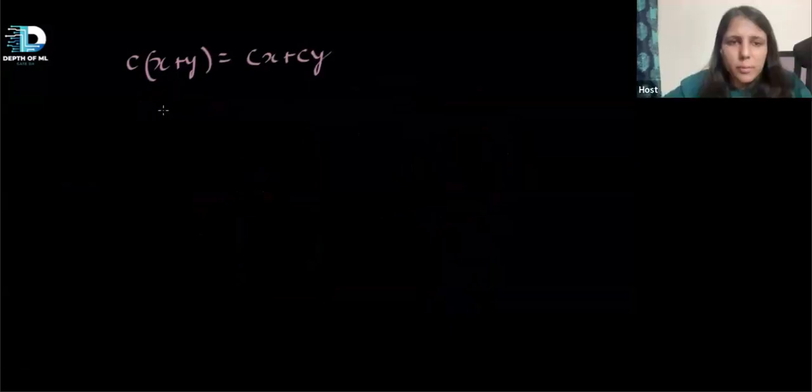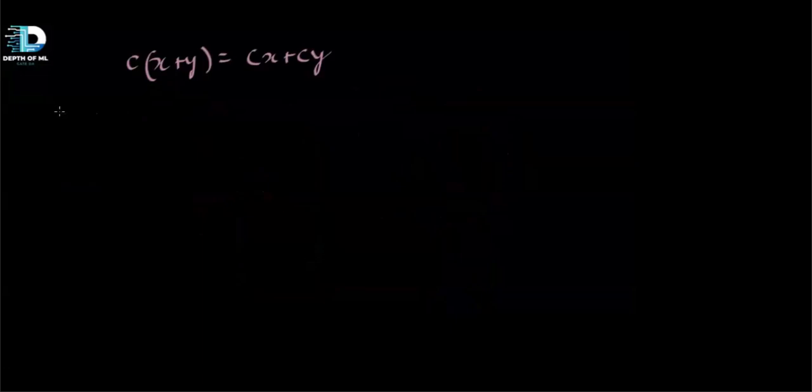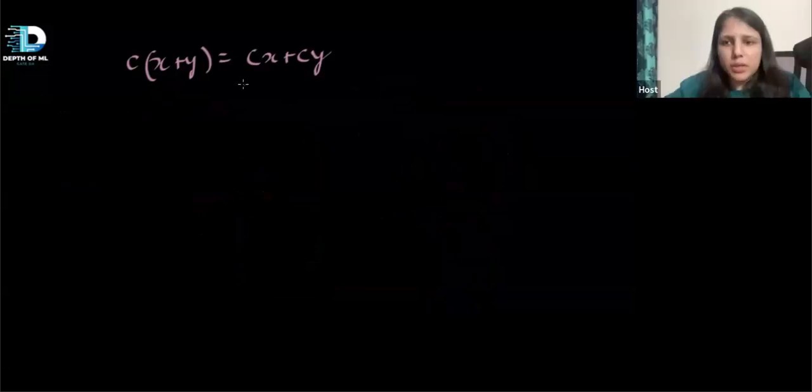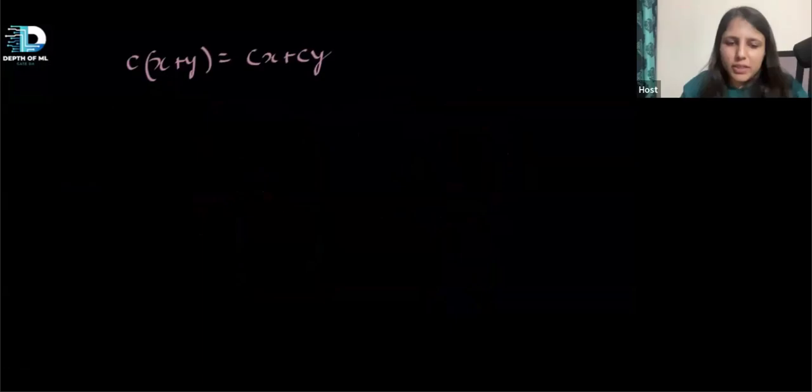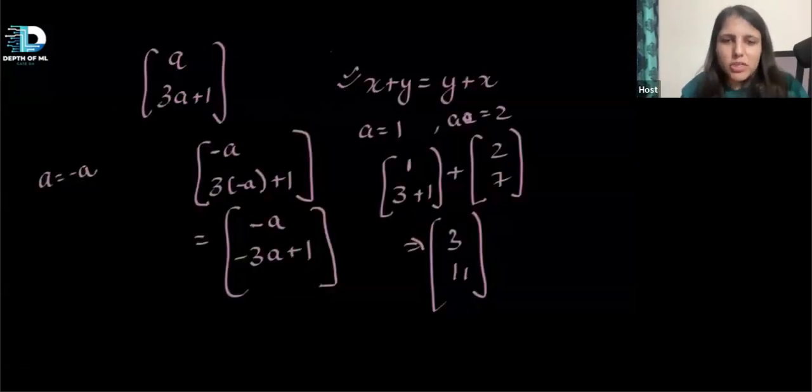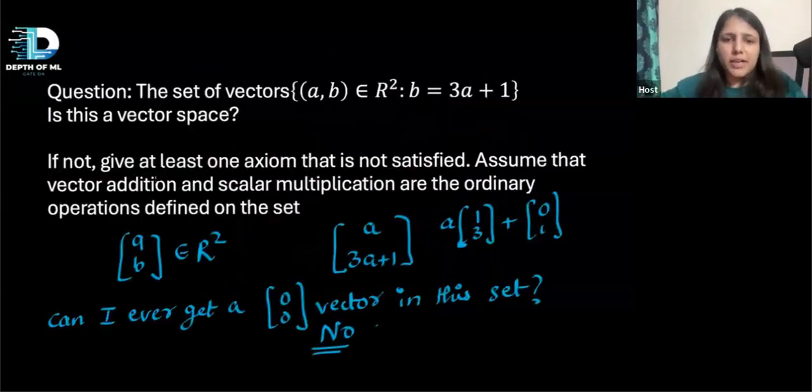If we check this property with -1, that's what these guys were saying, this will not get satisfied. Yes, ma'am. Fine. When I was looking at the question, I only saw that 0 was not present. I didn't do all this analysis. So thank you for that. But yeah, this is not a vector space, right? So the answer is no.